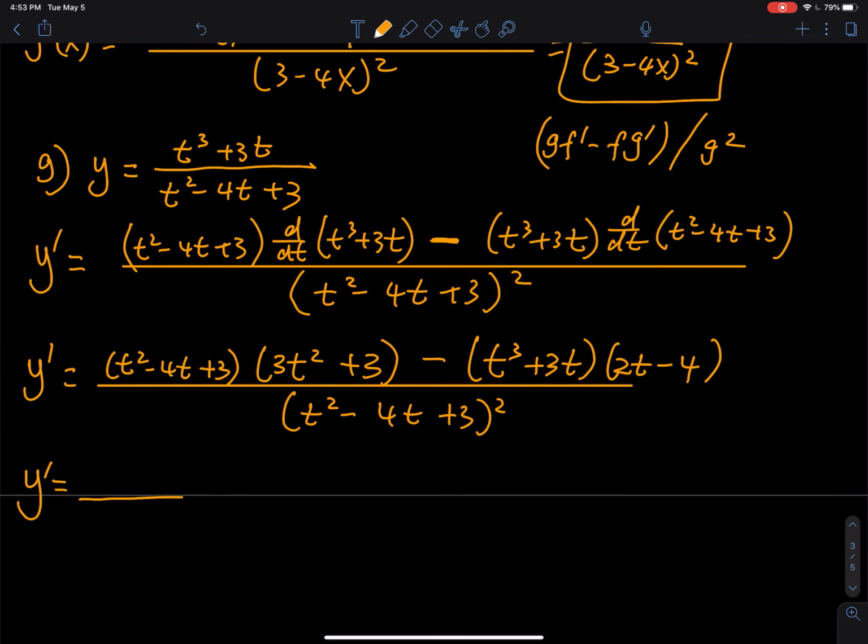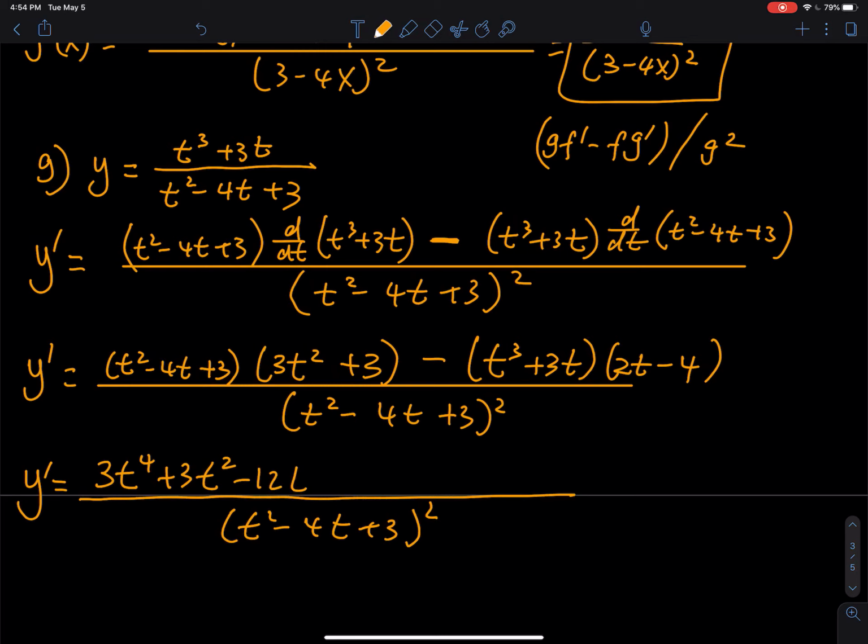So y prime is equal to, let's prepare the denominator, so you should have plenty of terms on top. So that is a 3t to the fourth plus 3t squared minus 12t to the third minus 12t plus 9t squared plus 9, and then minus, okay, let's put a minus in here. This is a negative 4t to the third, so you take that out. I can put this in a parenthesis.